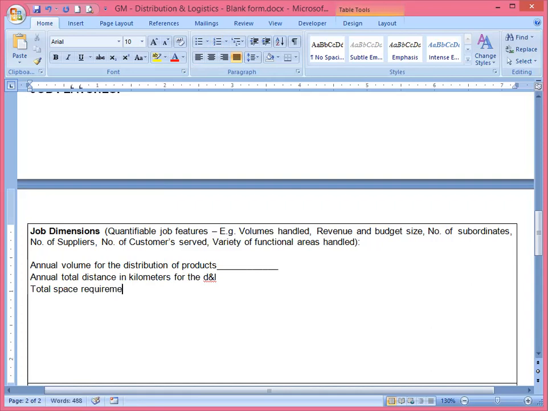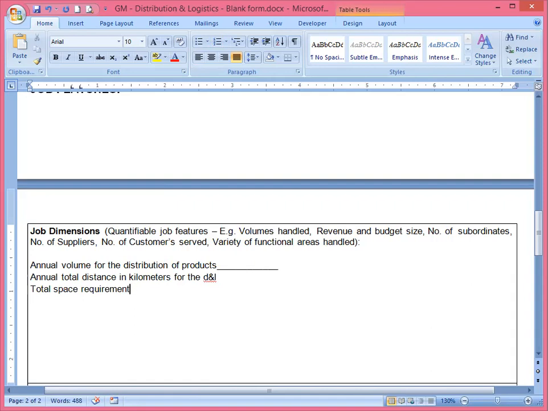If the GM doesn't have the space yet, then he has to propose a space and do the feasibility study of the warehouse, as we have included that in his area of responsibility. So he has to propose it to the CEO if he needs a warehouse where he could stock all his products.